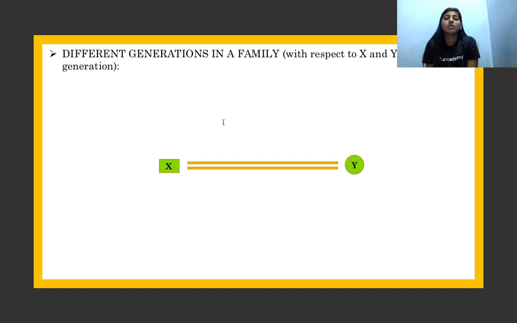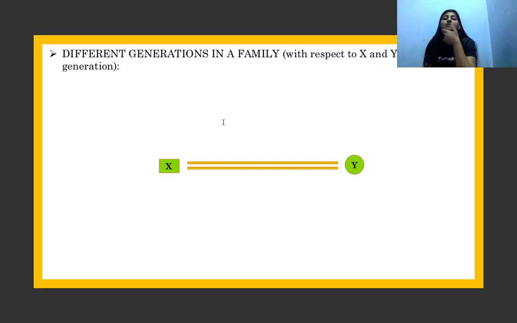Okay, now we'll talk about the parents of X and Y. So since X and Y are married, they will have separate sets of parents, right? They will have separate sets of parents, and even their parents, so X's father will have a separate set of parents, X's mother will have a separate set of parents, Y's father and mother will have two separate sets of parents.